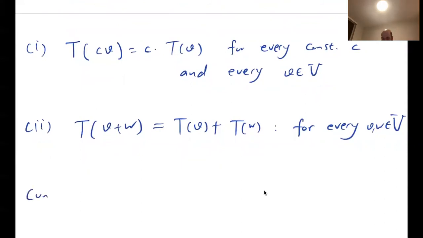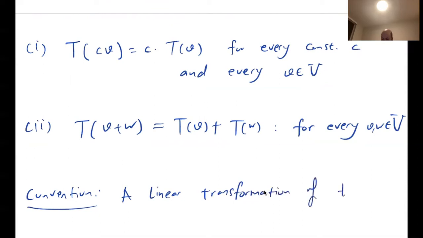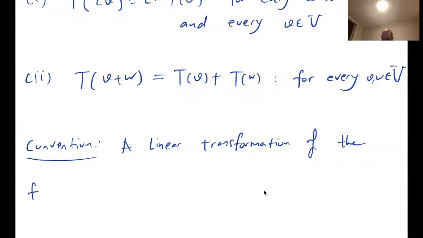And one convention is that a linear transformation of the form T from V to V is called a linear operator.